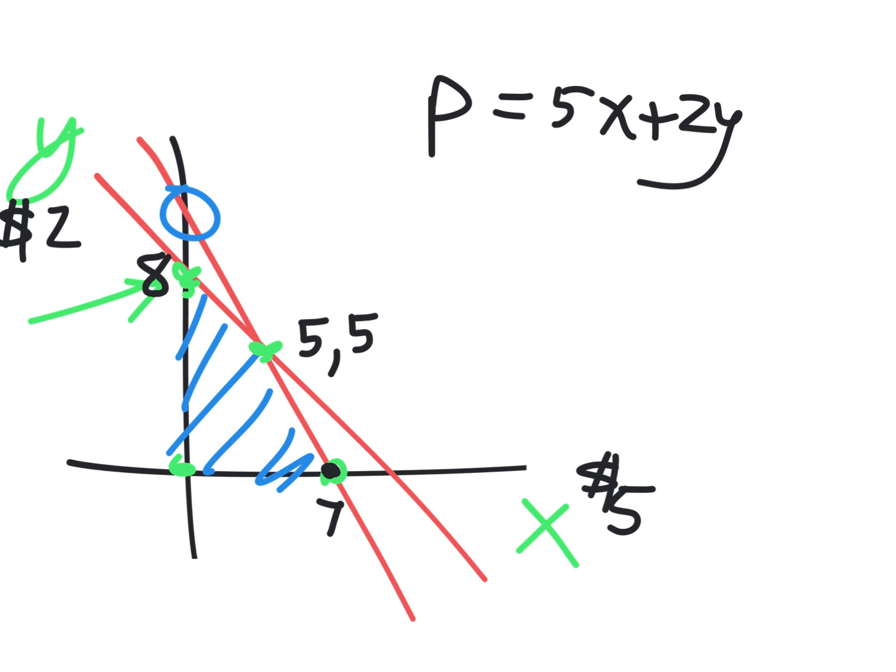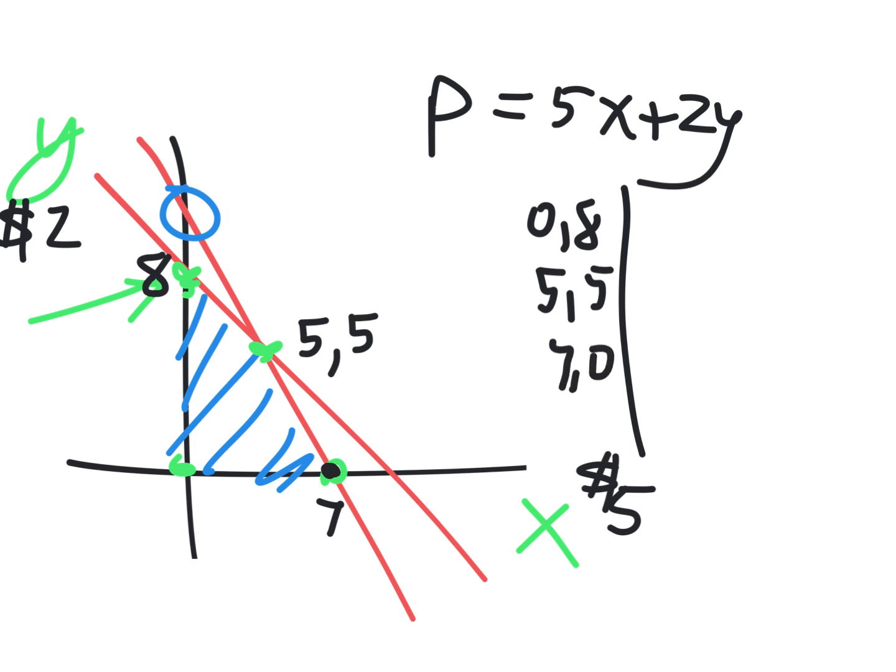Then I write my 3 points, 0 comma 8, 5 comma 5, or 7 comma 0. Zero comma 8 would get me $16. 5 comma 5, $35.